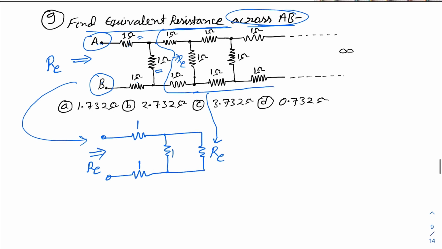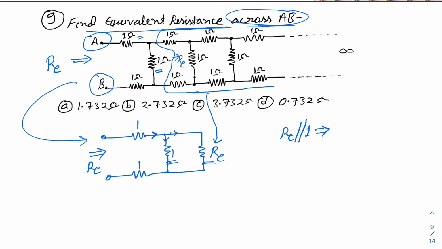From this we can see that this R equivalent and this 1 ohm are in parallel. Why parallel? Because if the current is flowing in here, then that current will divide into two parts, this current and this current, so these two will be parallel. That means Re is parallel with the 1 ohm resistance. So its equivalent will be what?